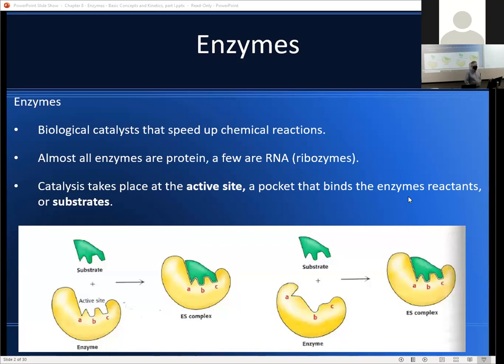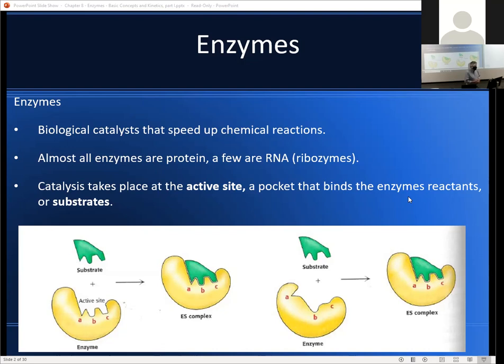Almost all enzymes are made from protein, although there are a few very important ones that are made from RNA. When enzymes are made from RNA, we refer to them as ribozymes. Ribo from ribonucleic acid and zyme from enzyme, smushed together, makes the word ribozyme.